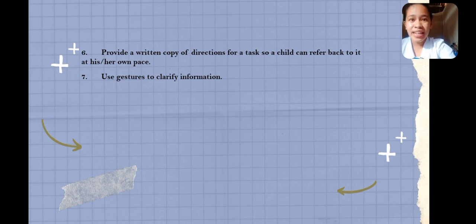Just like students with no communication difficulties or disorders, it is best to communicate with gestures so that you can comprehend and get what the other person means by the information they communicate. It is best to use gestures in communicating or to clarify information.